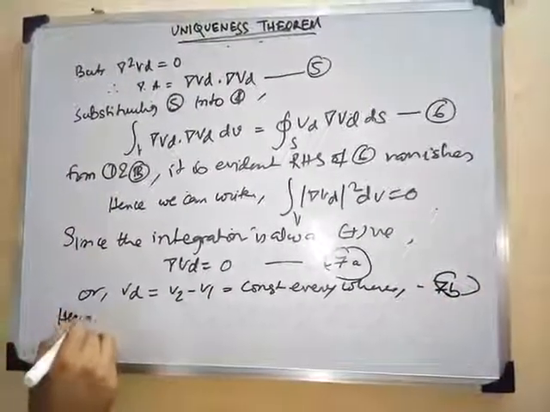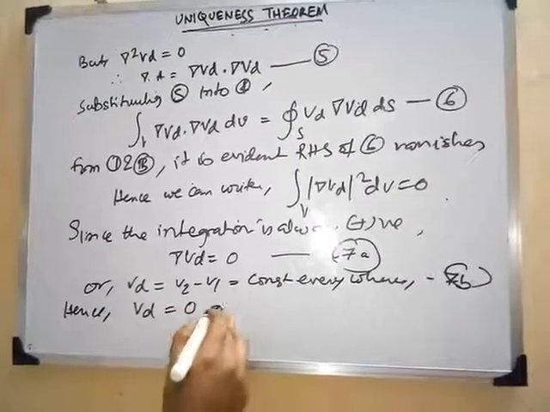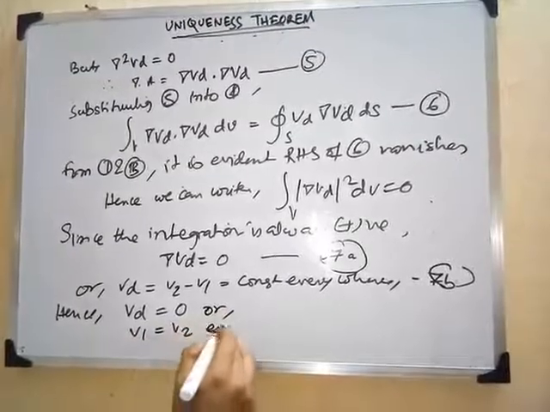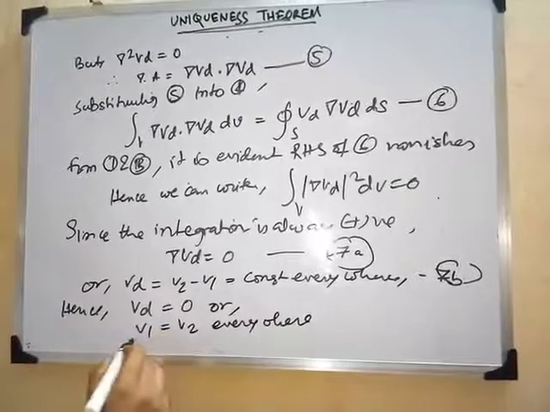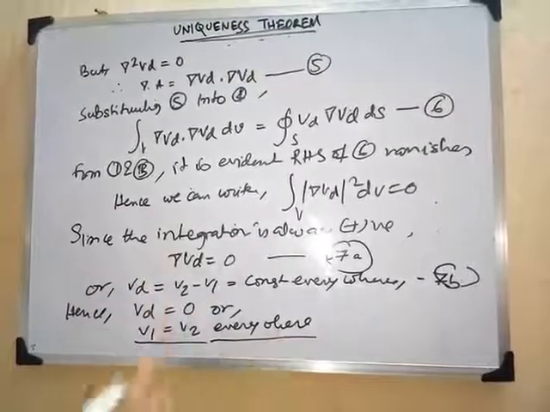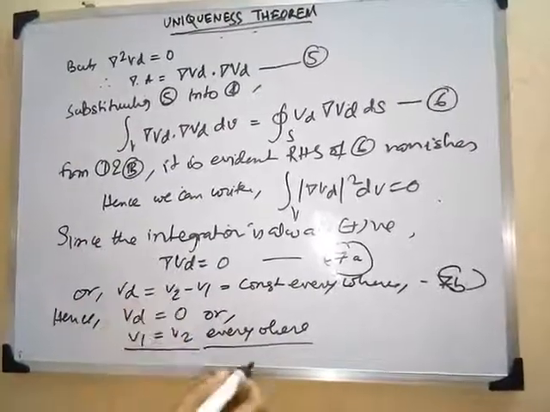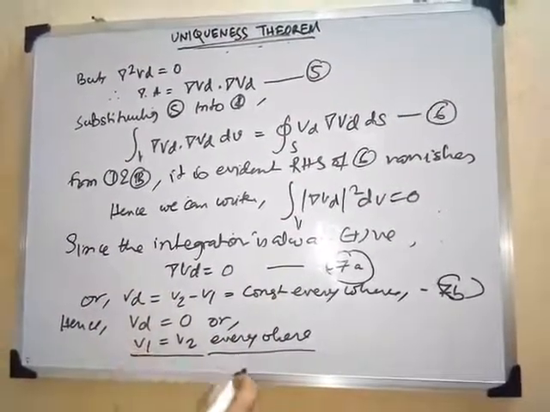Hence we can conclude that Vd is equal to 0, or V1 is equal to V2 everywhere. When we started the discussion, we said V1 and V2 are equal only at the boundary, but here we have proved that V1 is equal to V2 everywhere.